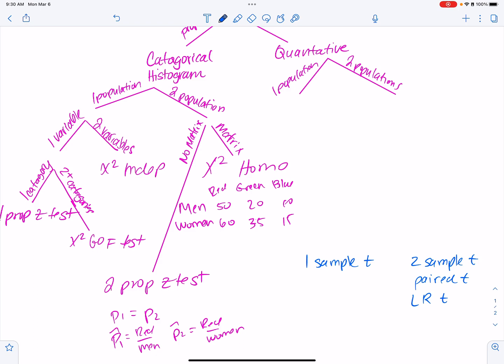All right, so for the 1 sample T, when I have 1 population, there's only one of them that's going to be a 1 sample T. All the others have 2 populations, but now we have to determine which way we're going to go. I'll go back to my pink. With this one, I want to know, are they independent or not?